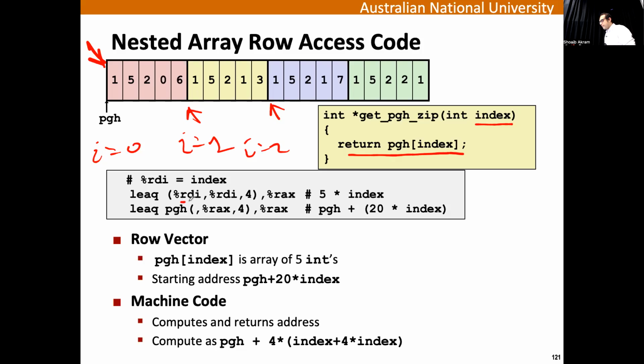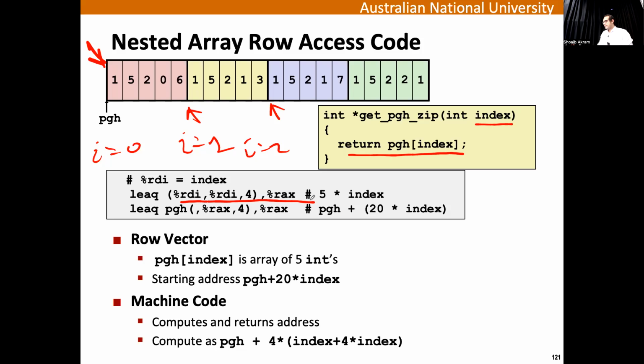So I first compute 5 multiplied by index because I have 5 elements in my array, and then I scale it by 4 because each element is 4 bytes. And I reach the starting address of a specific row. Okay. So the base address of the two-dimensional array plus the index multiplied by the number of elements in the row multiplied by the size of each element. And I can use LEA instructions to generate the address.